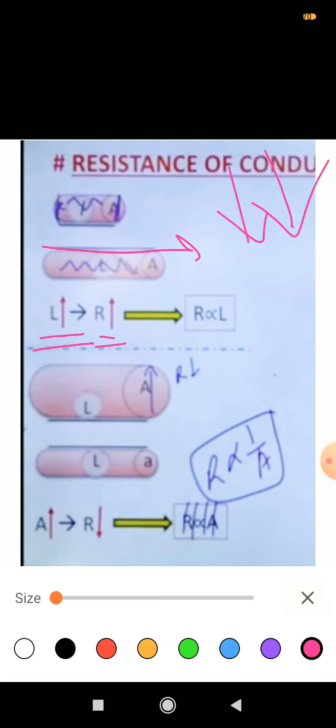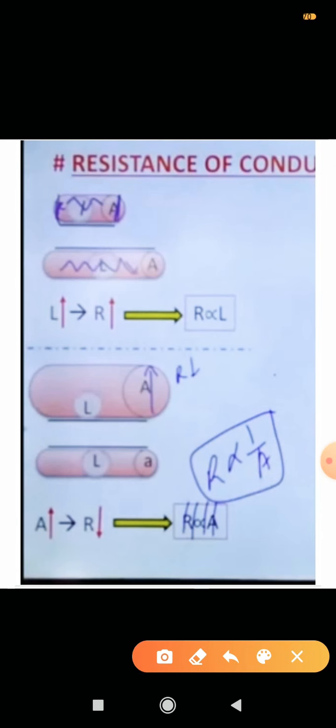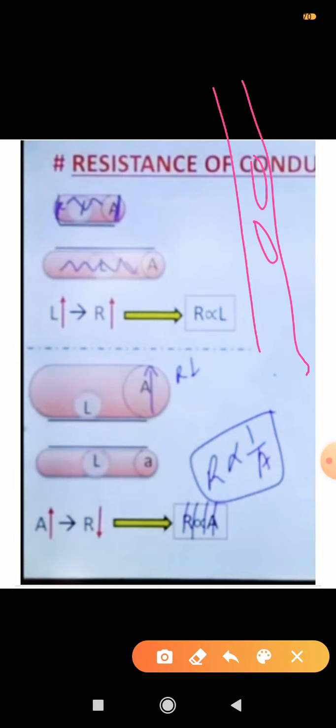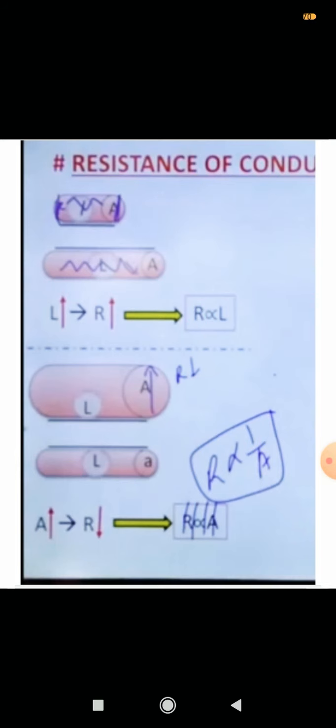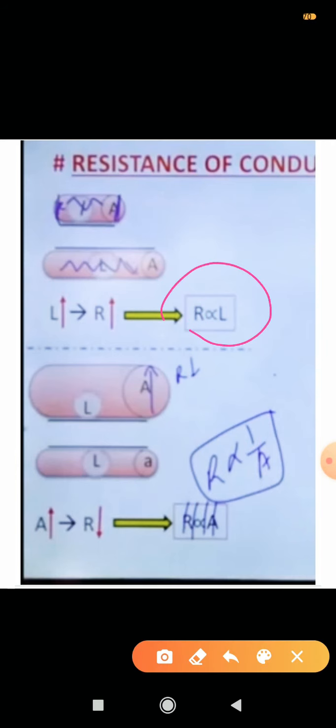On a traffic road, if the length is big, then traffic is more; traffic stands for resistance. But on a small road, traffic is less. So we can say resistance is directly proportional to the length of the conductor.